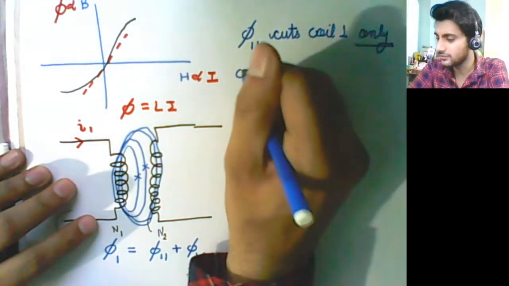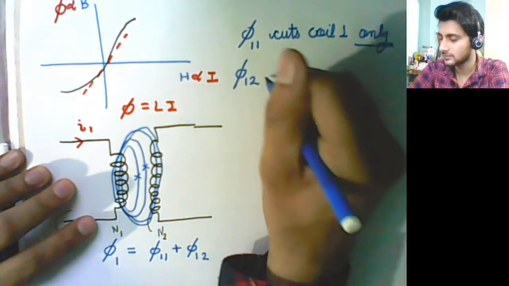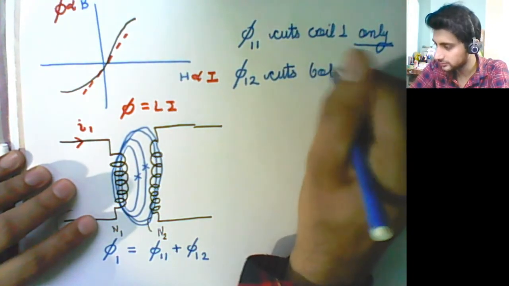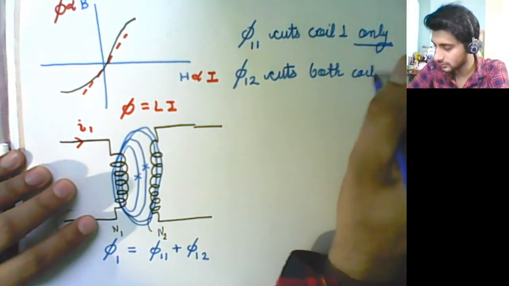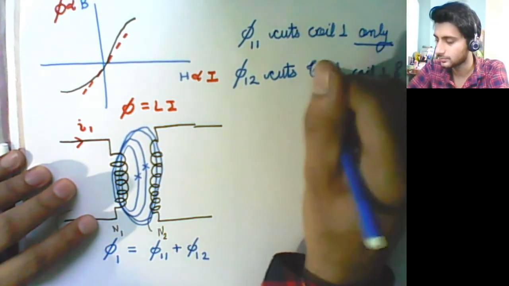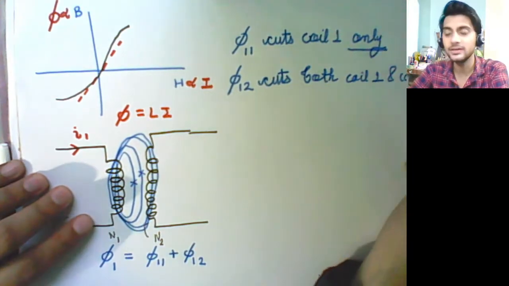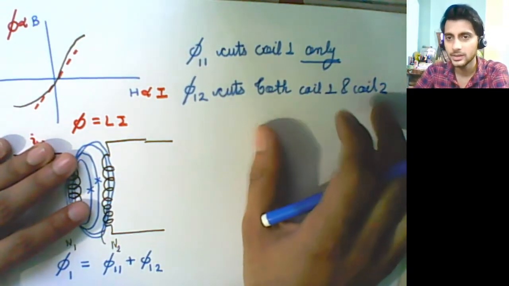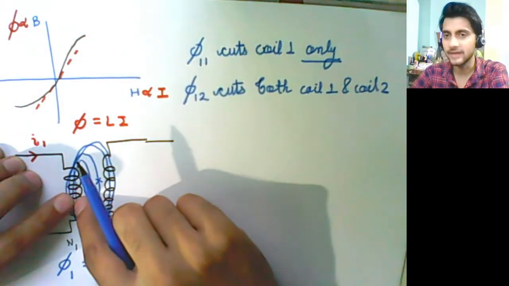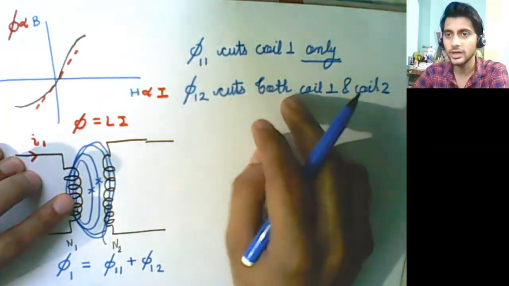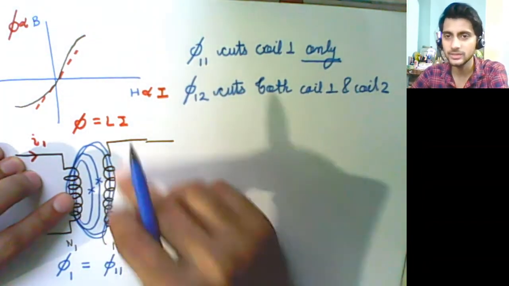And phi 12 is what? Phi 12 are the flux lines which cut both coil 1 and coil 2. Both coil 1 and coil 2. This is phi 12. Okay. So phi 11 cuts only coil 1, it does not cut coil 2, and phi 12 cuts both coil 1 and coil 2. You see.